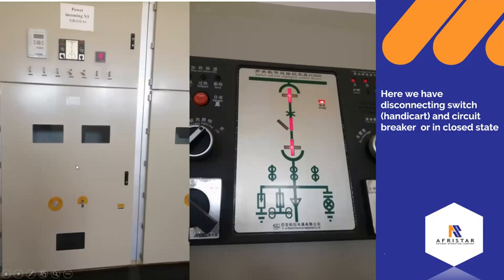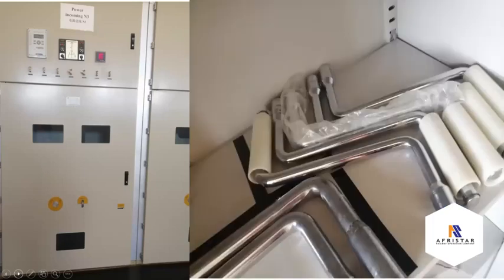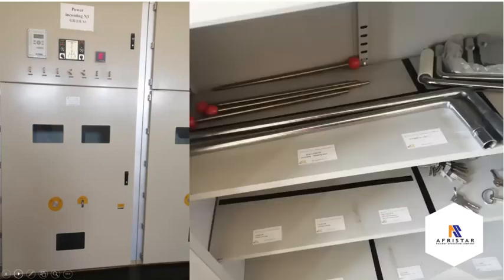But when we push it in, it is turned on, and it is indicated on this display as we can see it here. This is the tool we usually use to move the hand cut, this one with the white color. And this one is used to turn the earth switch.